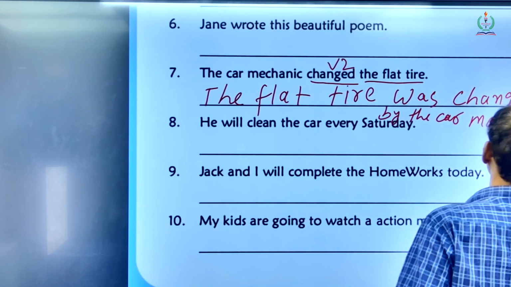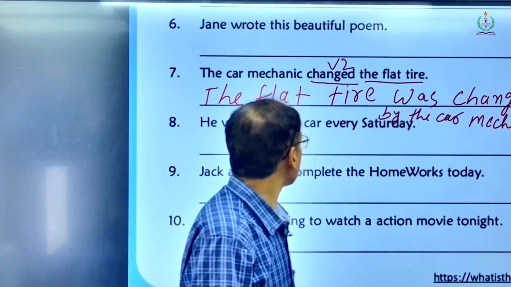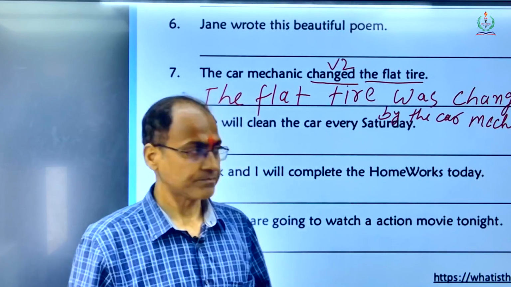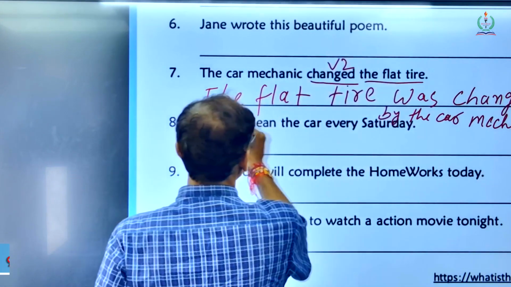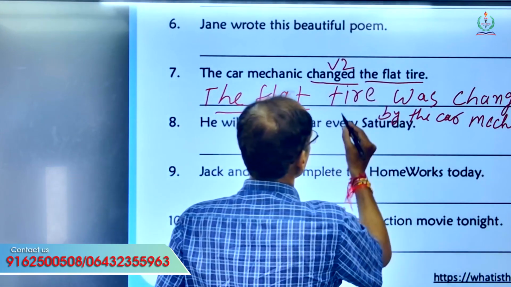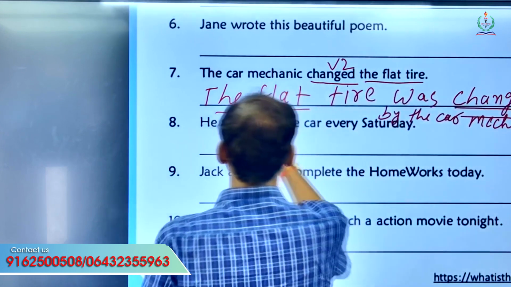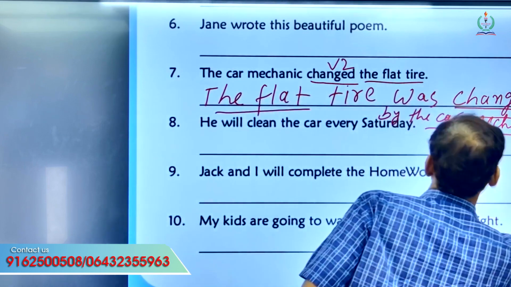It's very simple. We have just applied the rule that we had discussed. Now see, the flat tire was changed by the car mechanic. Here the object becomes the subject, V2 form of verb becomes V3 form of verb, which is changed, and the subject of the sentence becomes the object in passive voice.